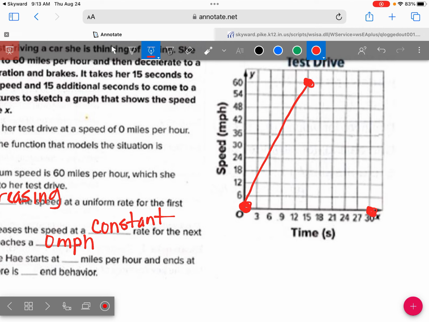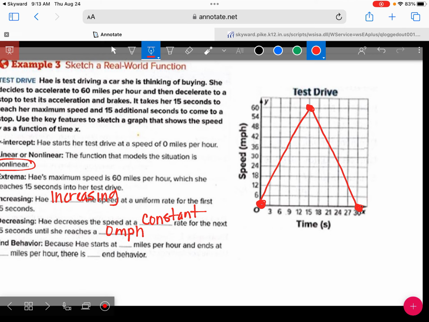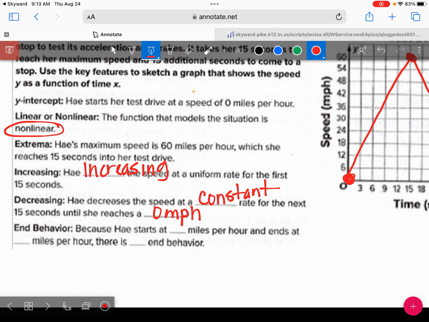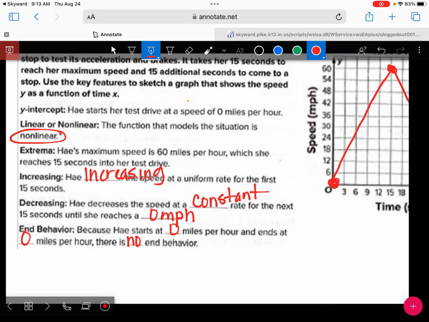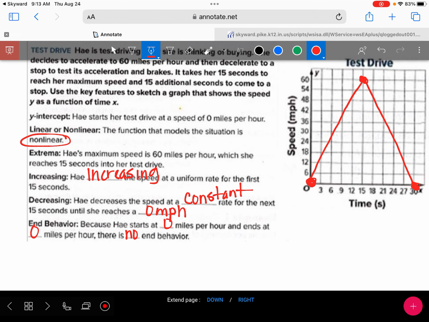So we're going to connect that. Because she started at 0 miles per hour and ends at 0 miles per hour, there is no end behavior. So this graph has no arrows. This graph does not continue. She cannot go any less than 0 miles per hour.